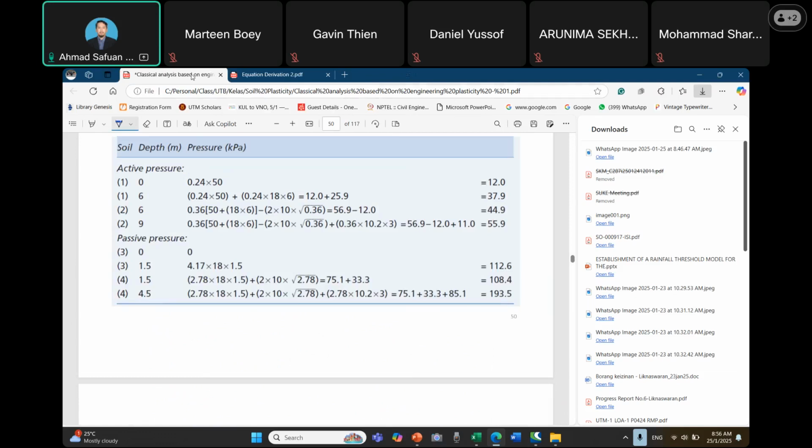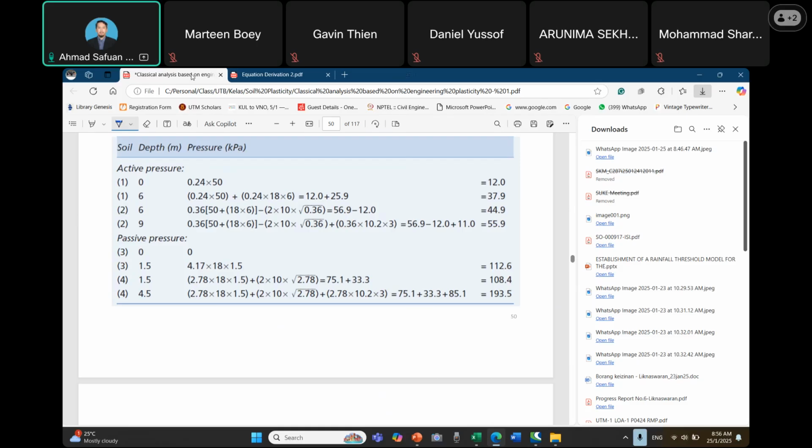then we need to identify if there is a change of the soil properties, due to a different type of material, that is the first, or due to the existence of a groundwater level.